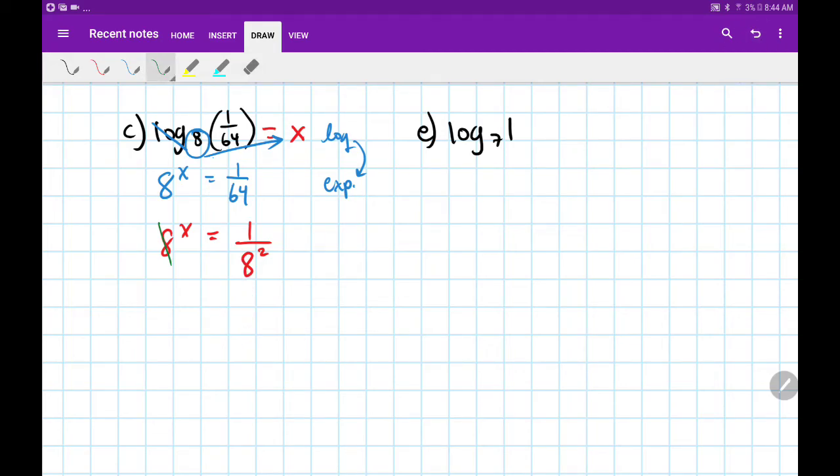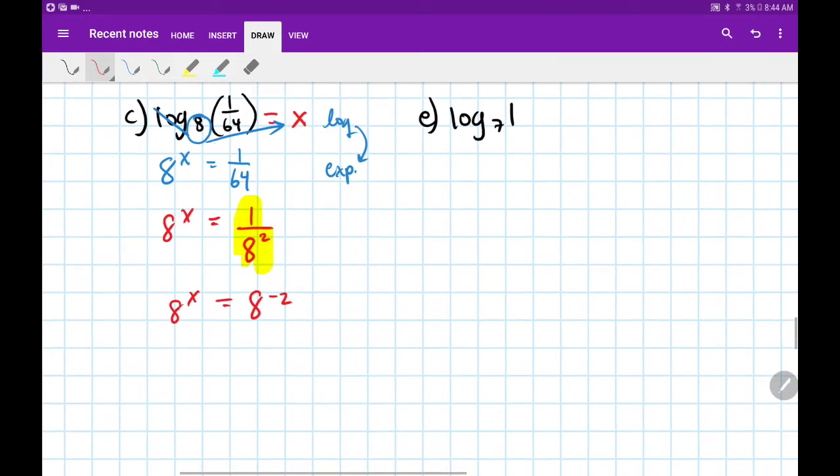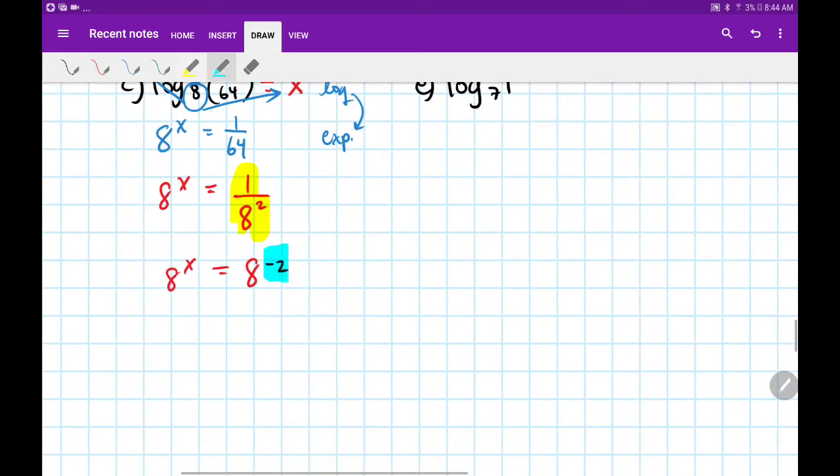No fractions allowed. We have to rewrite the right side so that it says 8 to the power of x equals 8 to the negative 2. See how I used a negative exponent to get 8 out of the denominator? That's what we need to do. Now we can set our exponents equal to each other, and x equals negative 2.